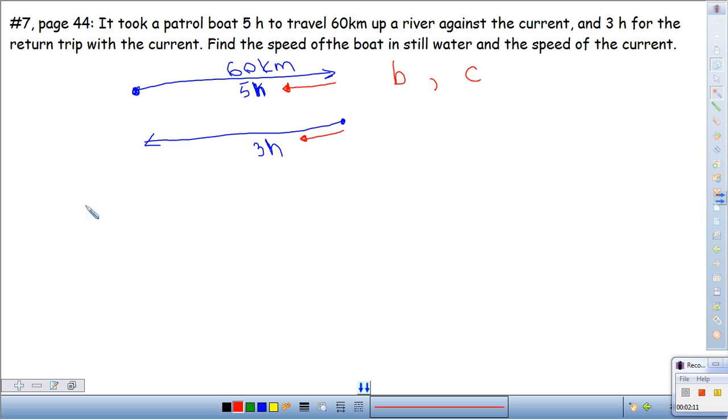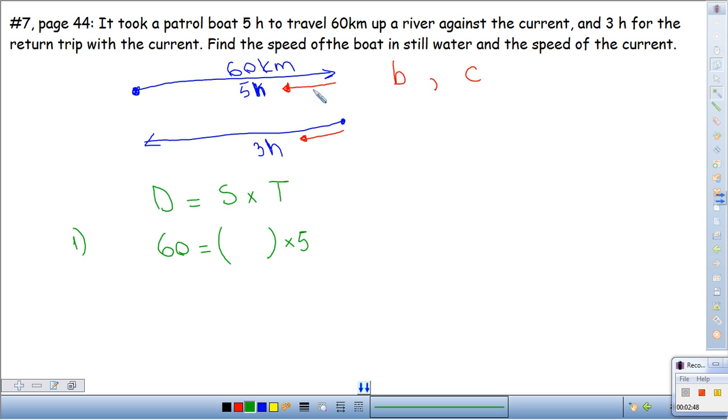Now we know that our basic time, distance, speed equation is distance equals speed multiplied by time. Now what do we know? In the first scenario, I know that 60 kilometers were traveled in 5 hours, but at what kind of speed? What was the speed in those 5 hours?